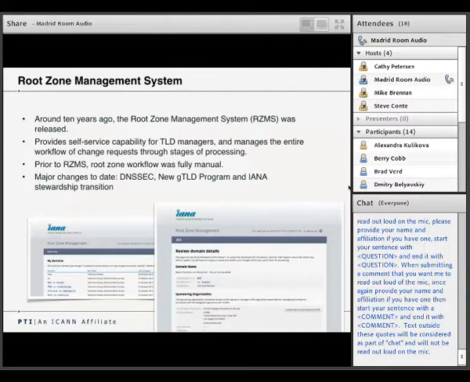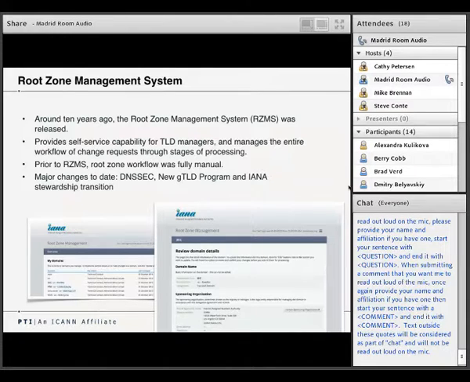Then from a staff side, all the bits that used to be manual are now automated, and the stuff that still needs to be manually performed by staff is enhanced and shepherded by the system. So we deployed that 10 years ago, and we still use the same system today, although we have made a few major changes, first of which was the introduction of DNSSEC, which obviously required us to manage DS records, so we added that support.